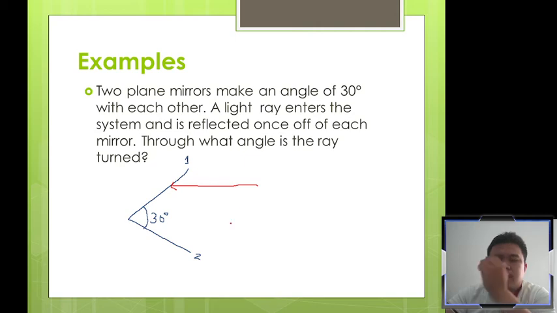Now this is the ray of light. I'm going to call this ray L. Now, as it enters, how do you know at which angle it should leave mirror number 1 before it hits mirror number 2? So it should be like this.